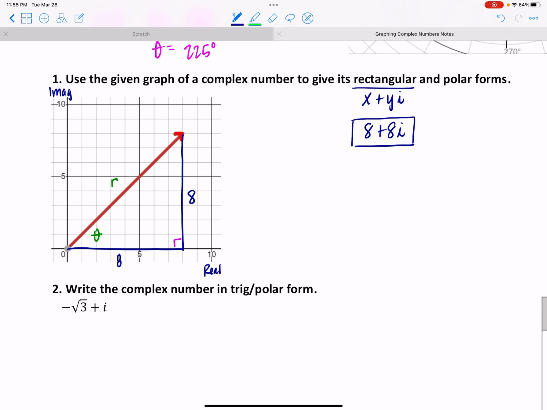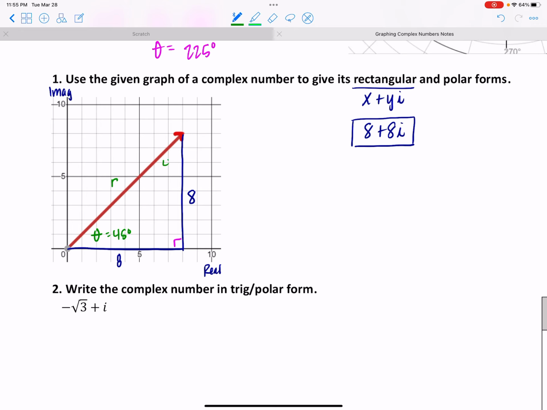And if the two sides of that triangle have equal lengths, their angles are going to be equal as well. This is a right isosceles triangle, in fact a 45, 45, 90 triangle. So I can tell by looking at this that theta has to be 45 degrees.